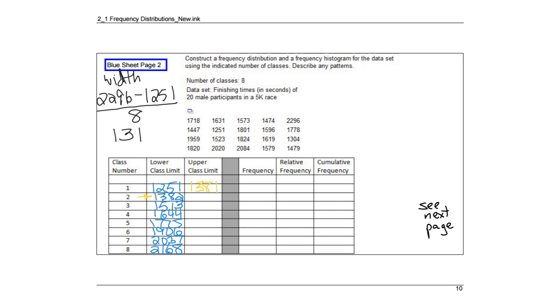Because we cannot have any overlap, but we don't want to not include someone either. So we're going to take that 1,382, subtract 1, and that will give me 1,381. Now I can do the same thing. Now I can add 131 all the way down. So 1,381 plus 131 would give me 1,512. And I'm going to keep going.